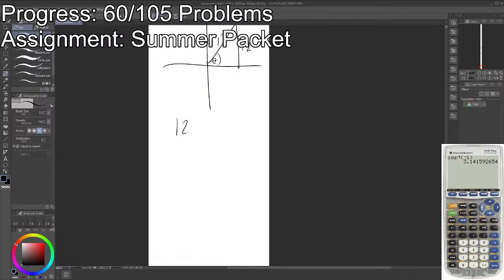Solve for the b. 13 squared minus 144. Okay, thank you, calculator. Okay, so b equals 5.